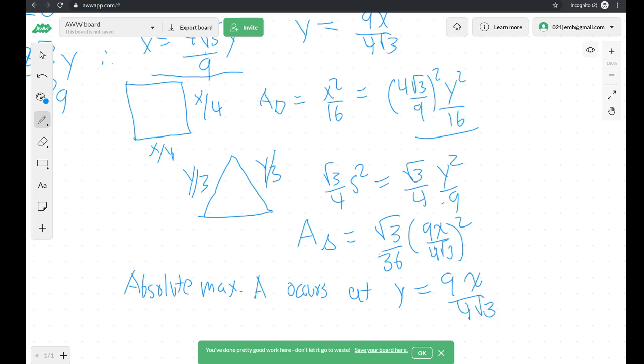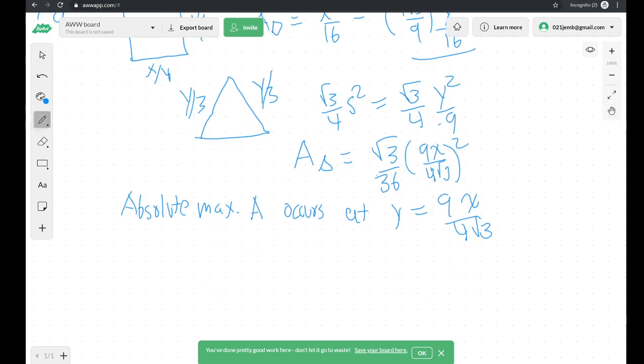So I think that works. Okay, and then the absolute minimum area occurs at y equal to 0 and x equal to 0.